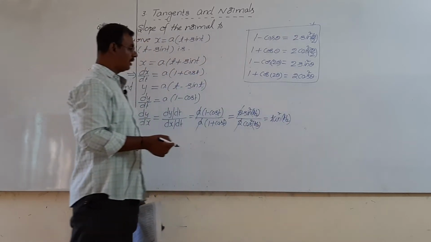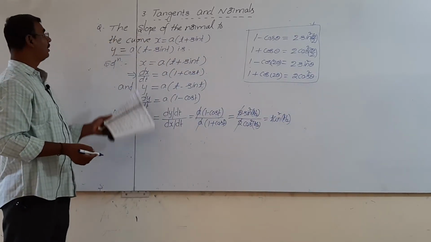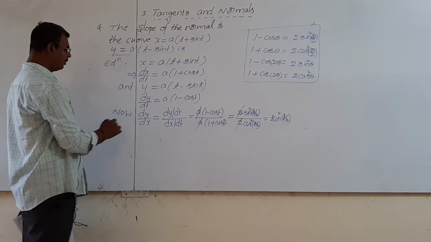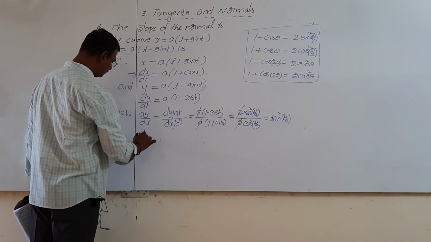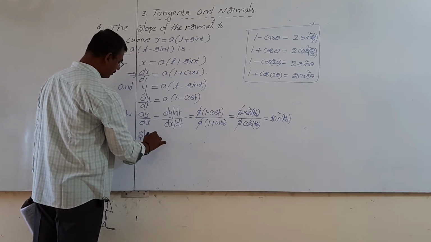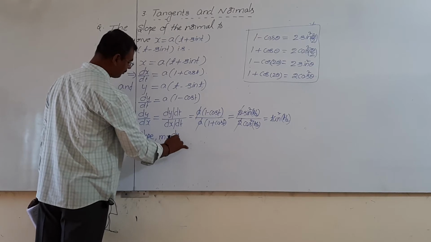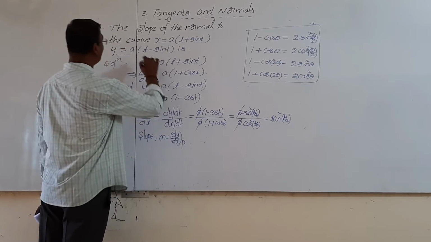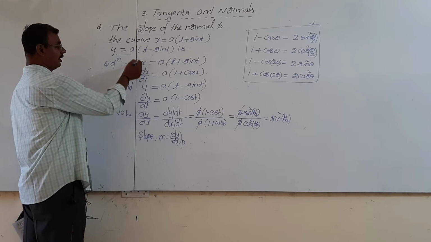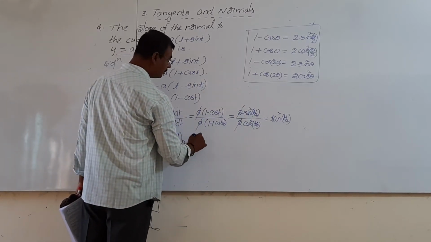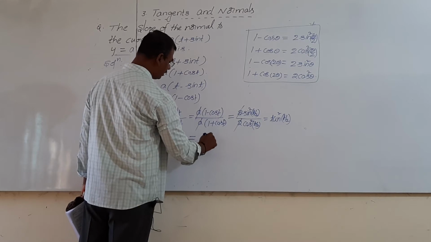But what is he asking? Slope of the normal. This is the slope of the tangent line. So slope of the tangent, slope m is equal to dy by dx at any point, point means we take the x and y coordinates. At any point, we got tan square t by 2.